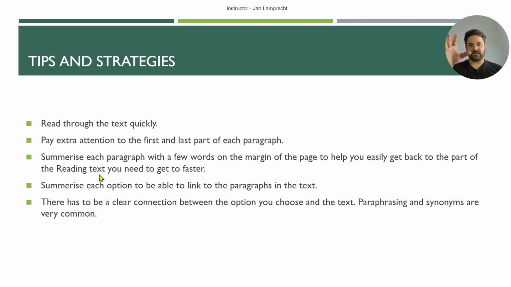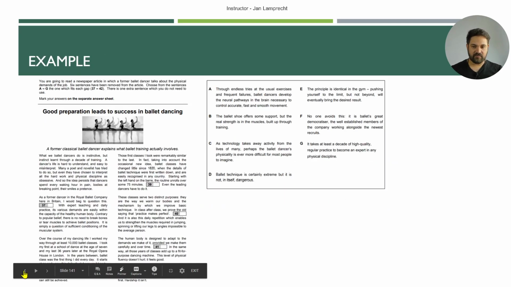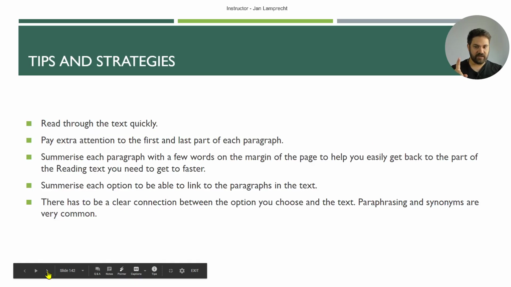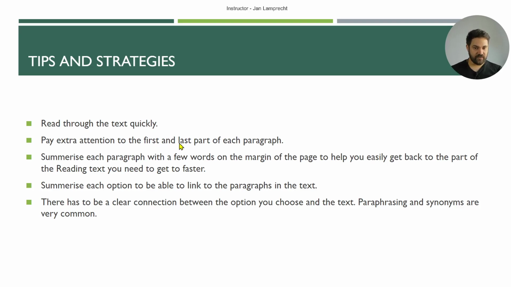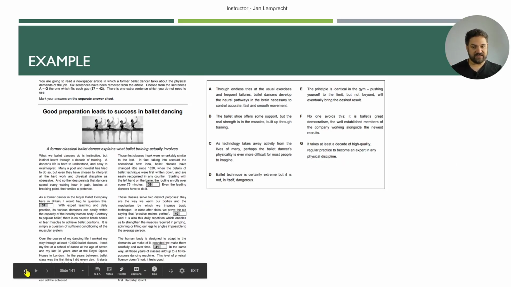Alrighty then. So let's look at the tips and strategies. You have to read through the text quickly. So here's the text. You have to read through it quickly. But while you read, you have to do something. Pay extra attention to the first and the last part of each paragraph. Like in the previous reading, normally the most important information is at the beginning and at the end of each paragraph.